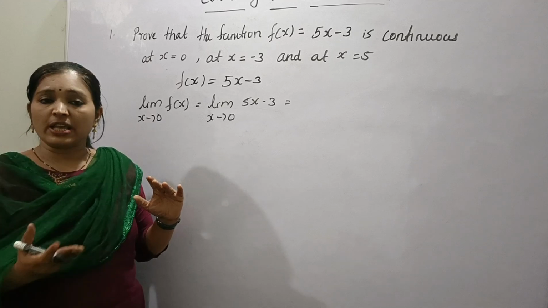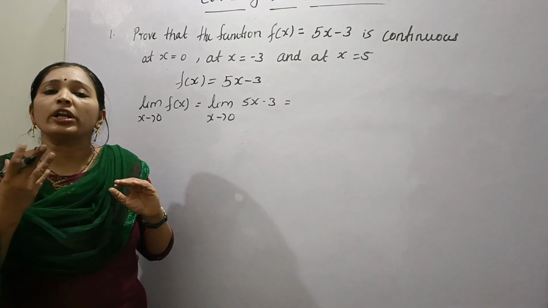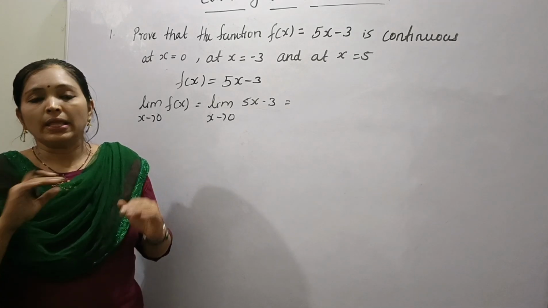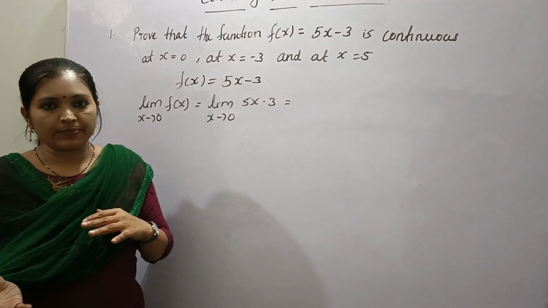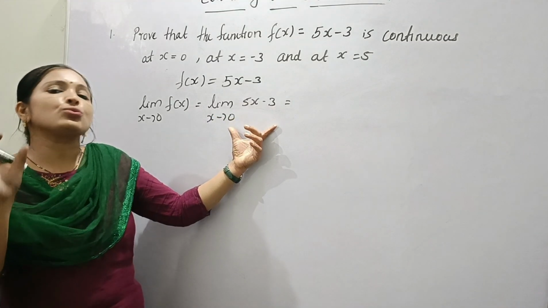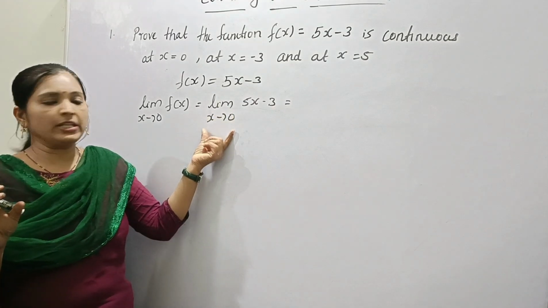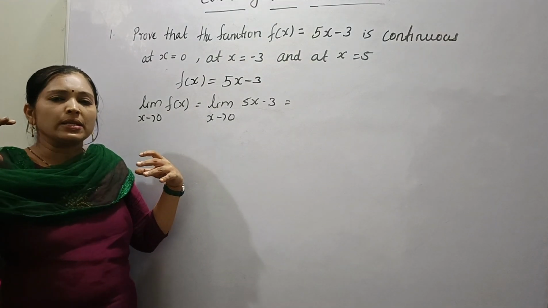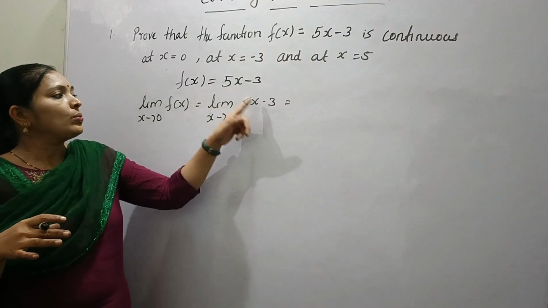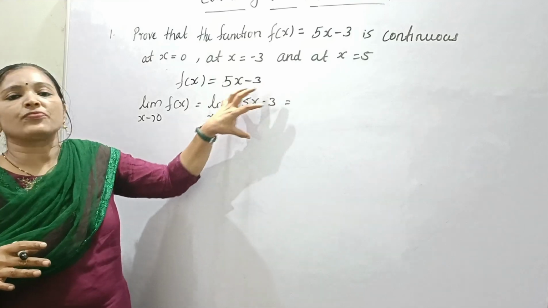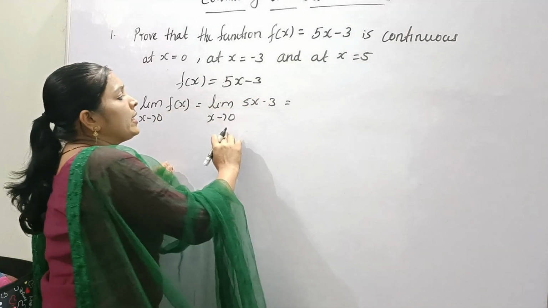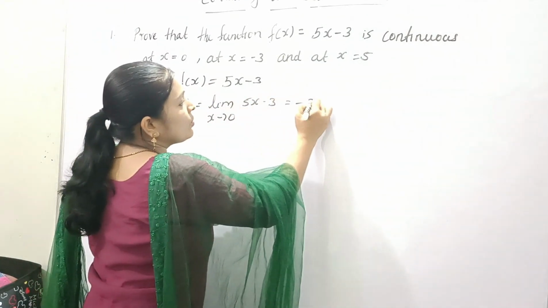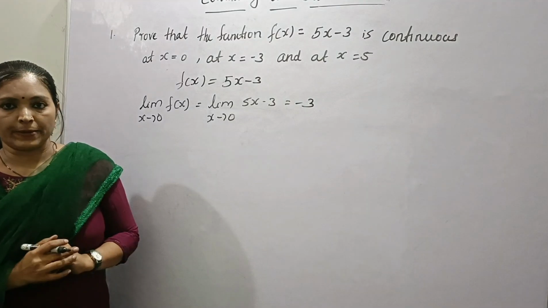If you are getting 0 by 0 form, then you have to apply some other method. So first of all, you have to substitute the limit value. What is the limit of this function? Here substitute x is equal to 0. We got minus 3.